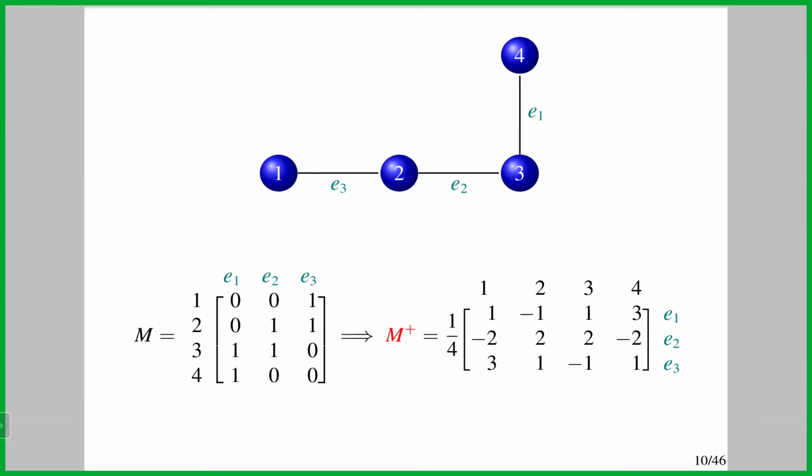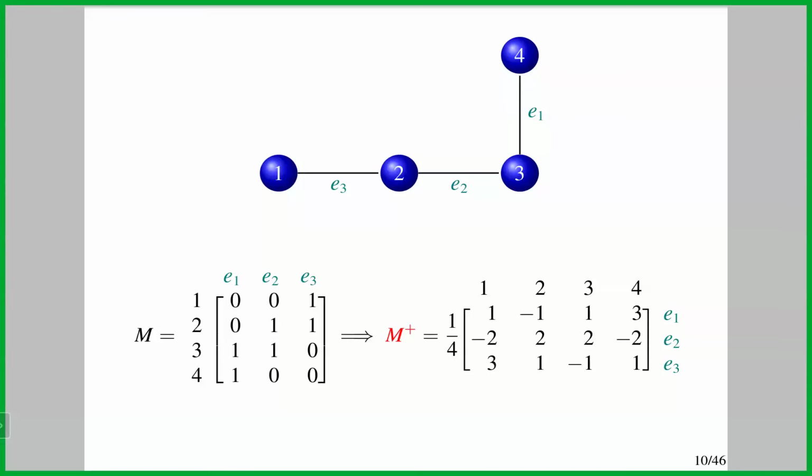Now, if you look at some other entries, maybe the 1-3 entry of M plus, that is 1. What does that mean in terms of the graph?